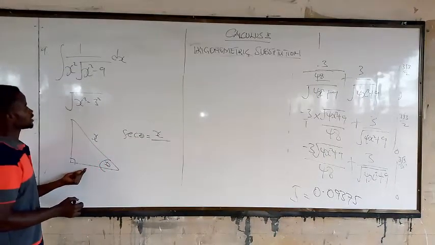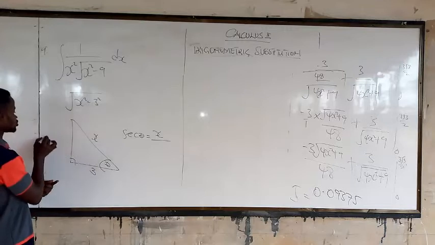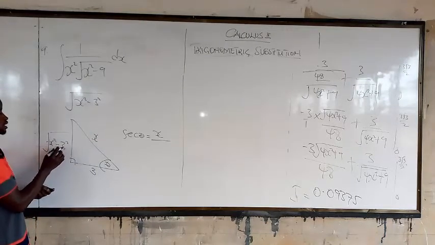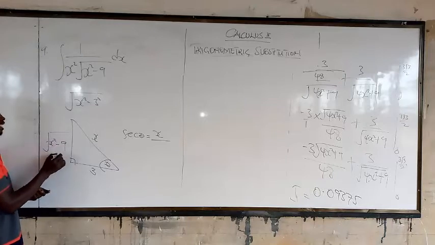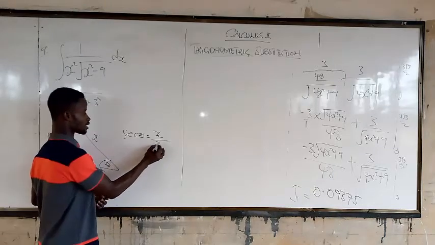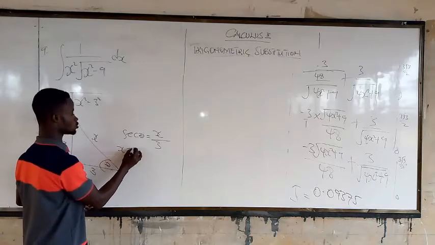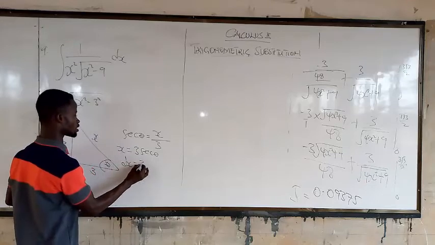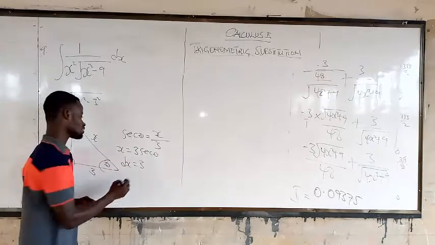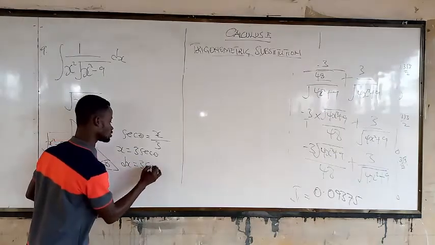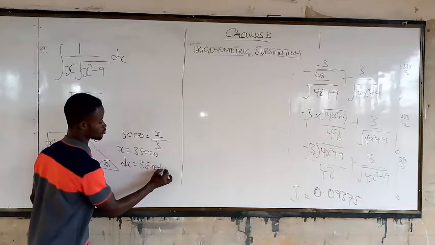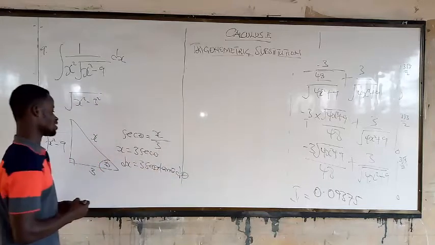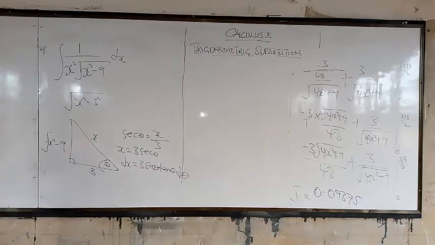That means that there should be a constant 3 here. So this will be s squared minus 3 squared, which is 9. So here is 3. So s is equal to 3 sec theta. Differentiating sec, we get sec theta tan theta d theta. Very good. So that is what we have for that.